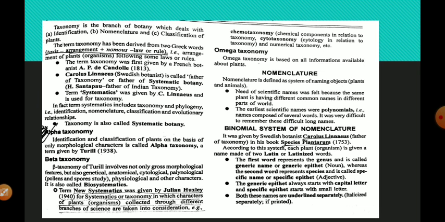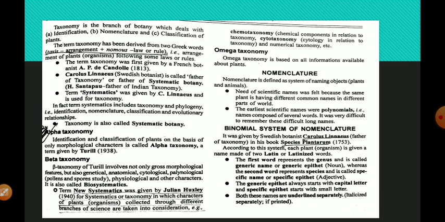Then comes beta taxonomy. Beta taxonomy, according to Turrill, involves not only gross morphological features but also genetical, anatomical, cytological and palynological characters, which means pollen and spore studies, as well as physiological and other characters. This is known as biosystematics.